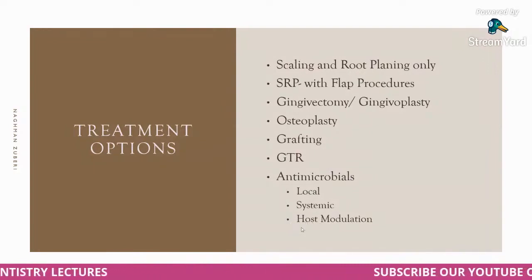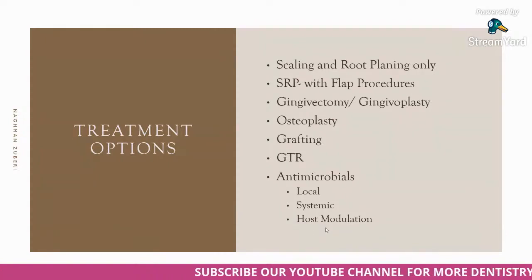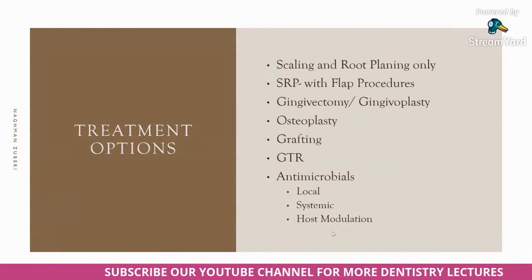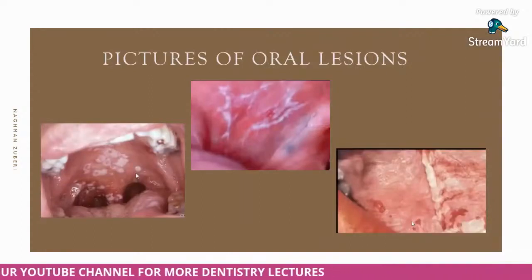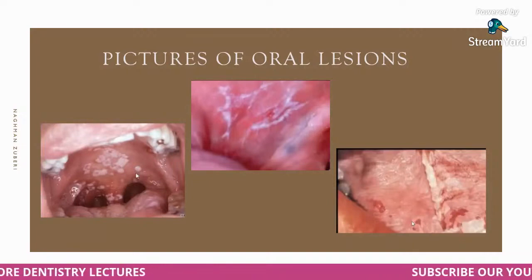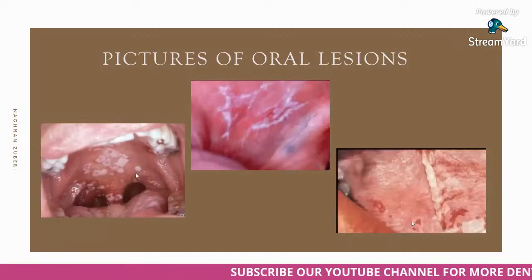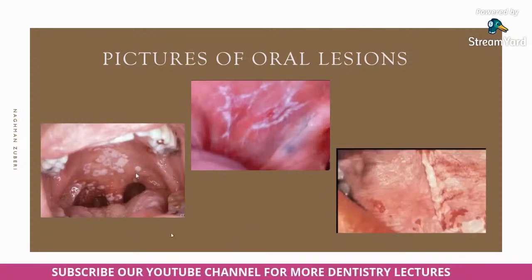That is why it is given in a subtherapeutic dose, only for its anti-collagenase effect. They also give you some pictures of oral lesions and then ask either the diagnosis or the management of that particular case.